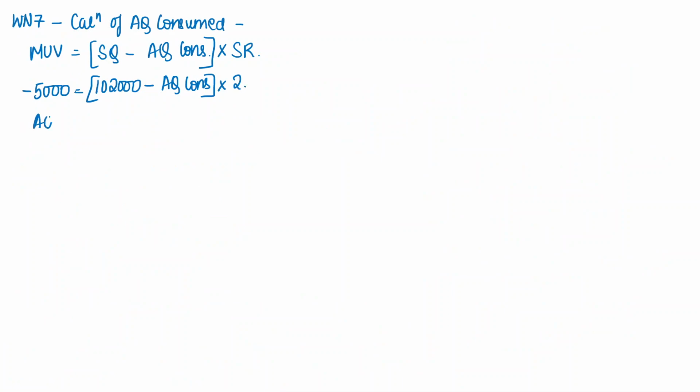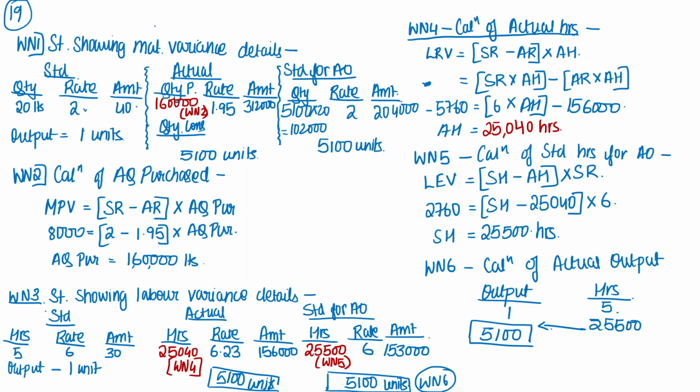What is the actual quantity consumed? Sorry, this is division 2,500 minus 2,500. So 1,04,500 liters. Correct? So 1,04,500 liters, working note 7.